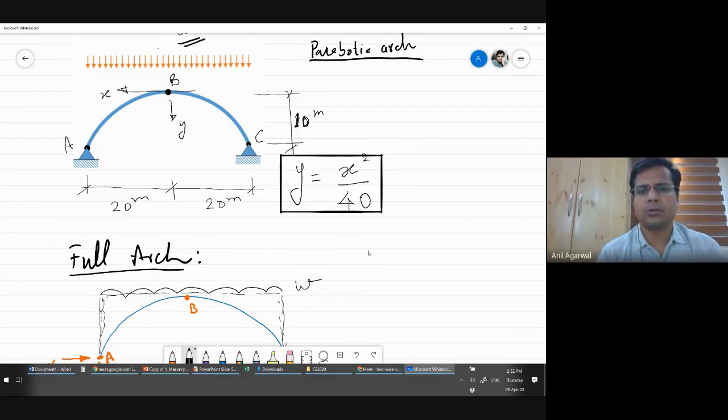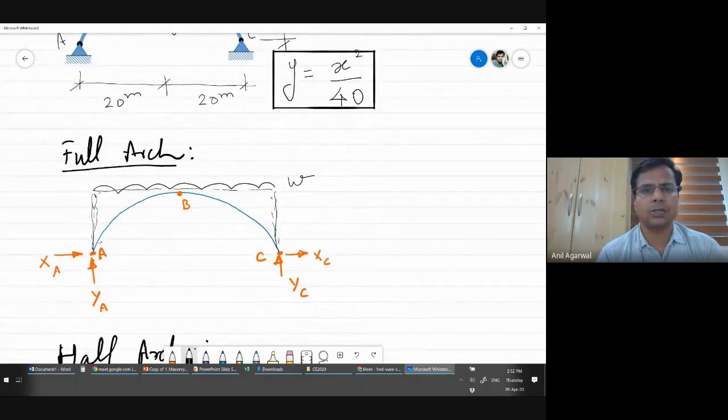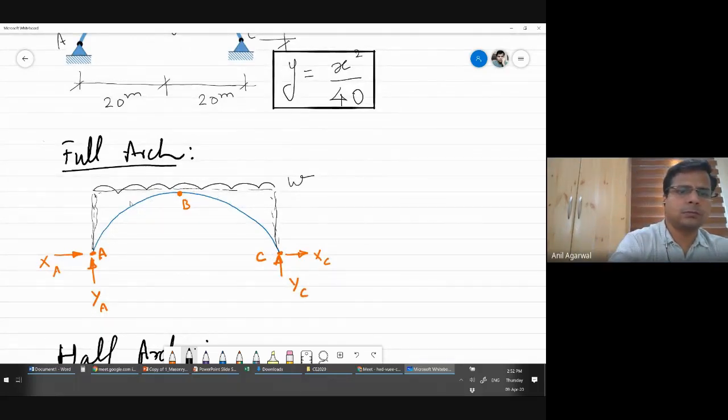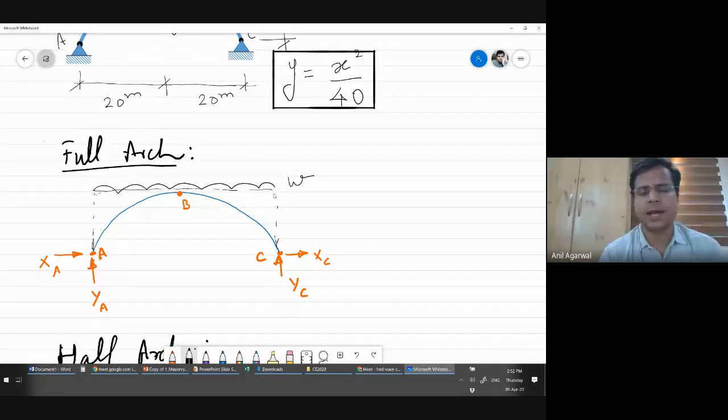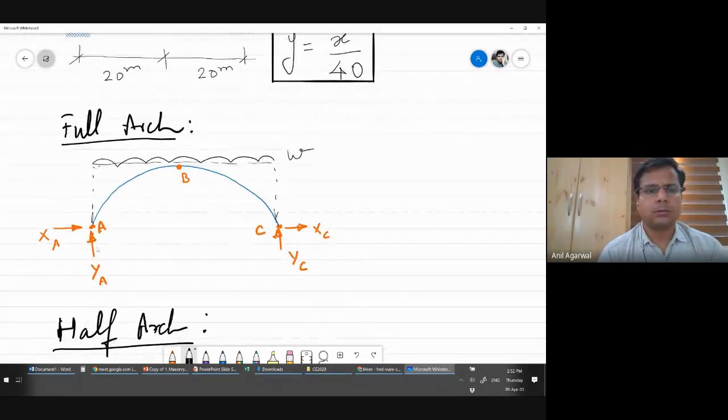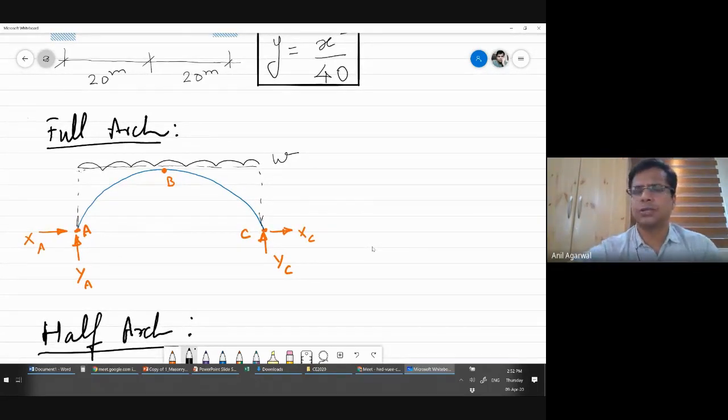Okay, so if I draw the free body diagram of the complete arch, this is the arch ABC. The load is W, that is distributed over the entire length of the arch, and some reactions will be acting at supports A and C, correct? How will those reactions be?